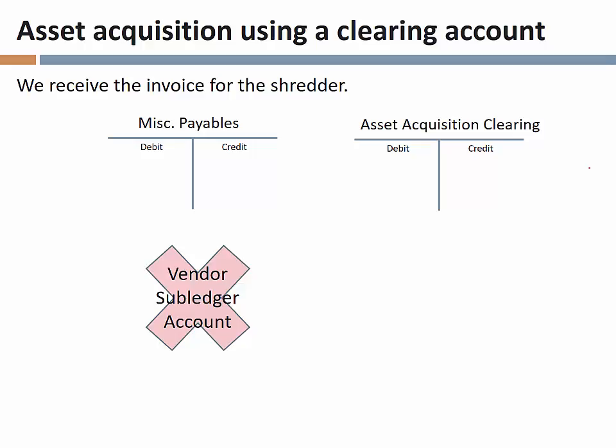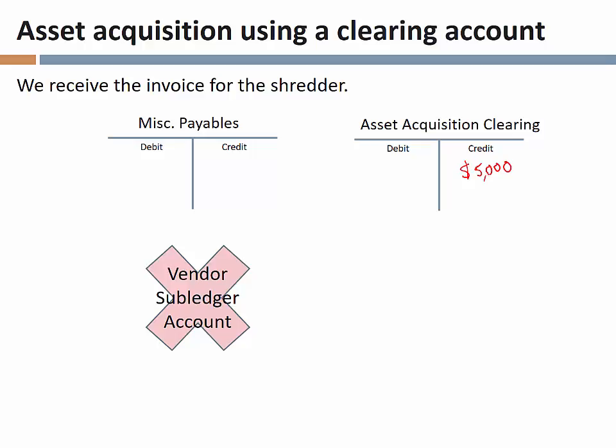So we get an invoice for this shredder. Well, what happens now? You'll remember from a moment ago, our asset acquisition clearing account had a $5,000 credit balance on it. By virtue of the fact that that account is not a zero balance, we're waiting for something else to happen. We know that something is in process, and that something is the buying of this shredder, so we get an invoice for the shredder.